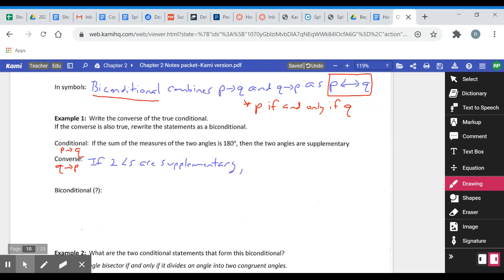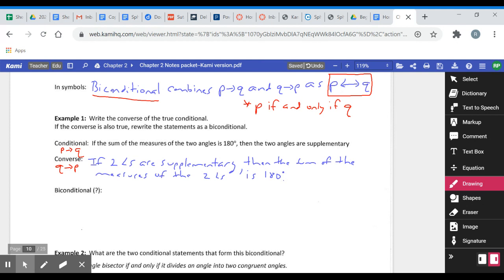So if two angles are supplementary, then the sum of the measures of the two angles is 180 degrees.